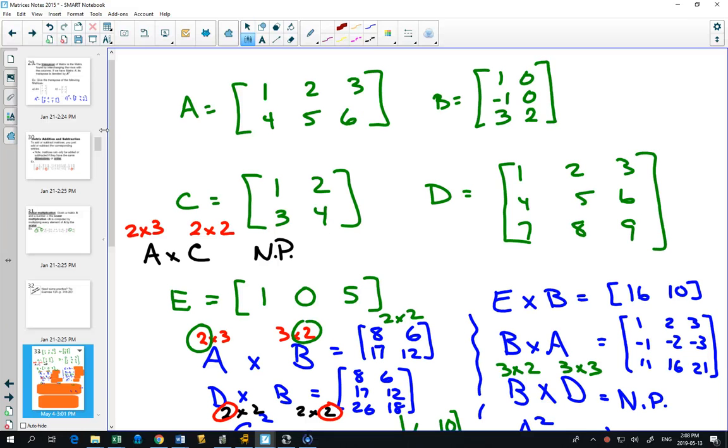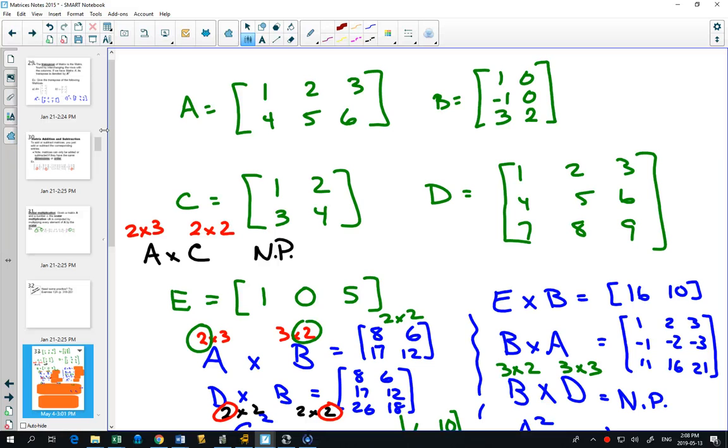So to recap so far, we have used the order to figure out how big the answer is. We figured out that the outside numbers were the size of the answer when it works. But we haven't figured out yet when it works and when it doesn't.